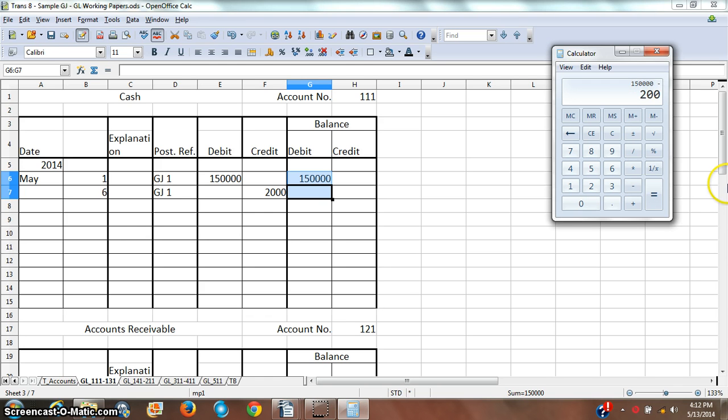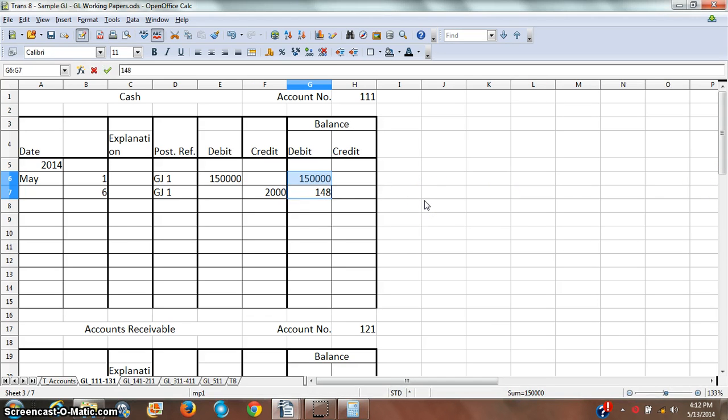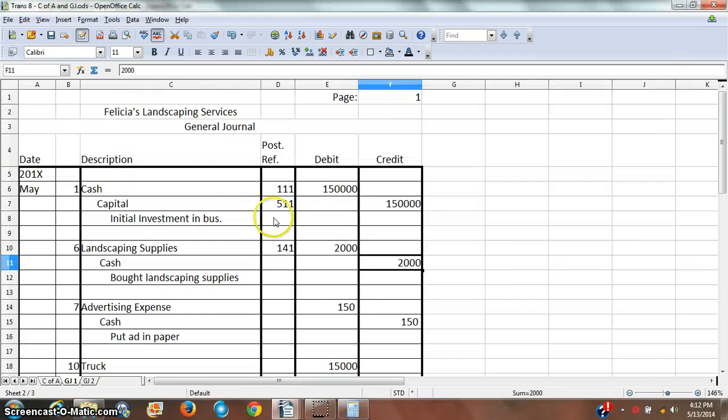I'm going to subtract $2,000 from that number, and then I can put $148,000. So now this shows the balance that's available in my cash account. I'm going to keep this running balance of cash at all times, and really of all my accounts. Now I know this account is at $148,000. So now I've posted this second transaction.